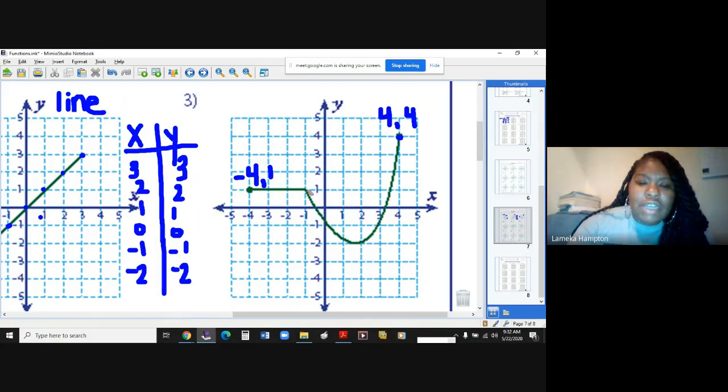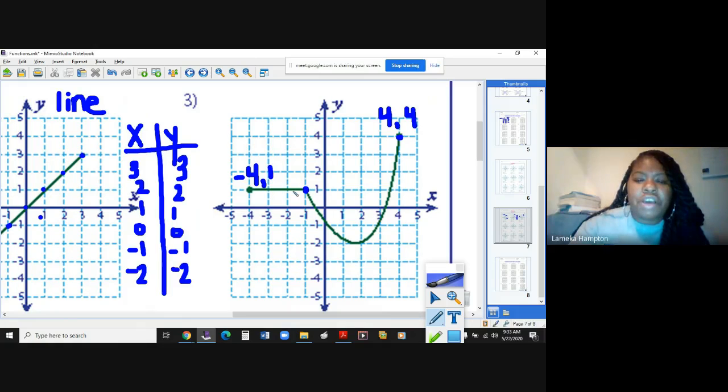Now, if this was a point, meaning that if it had the dot right here, then this would be a function, excuse me, because I have different x's but the same y.